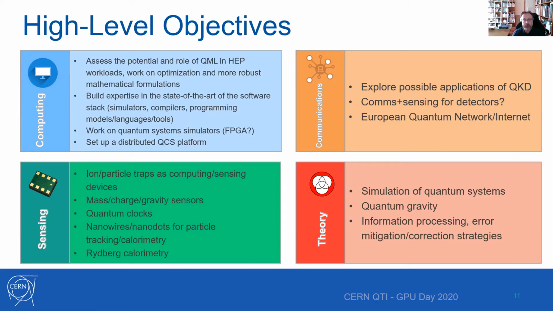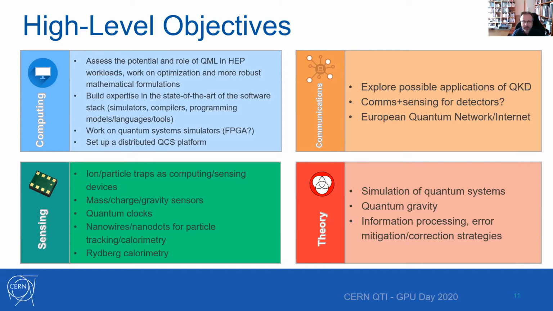We want to build experience in using the tools, the software, the hardware, quantum computing simulators, possibly have access to some hardware, and understand how to build the skills and the human capacity, the human knowledge of our community around these themes.